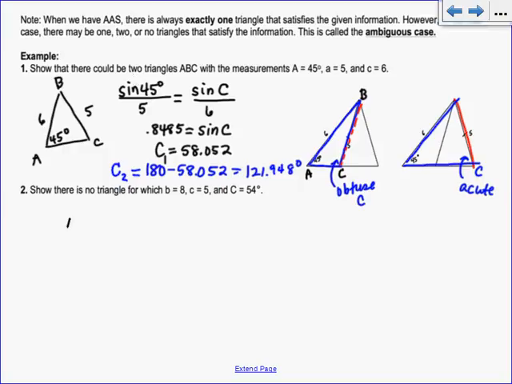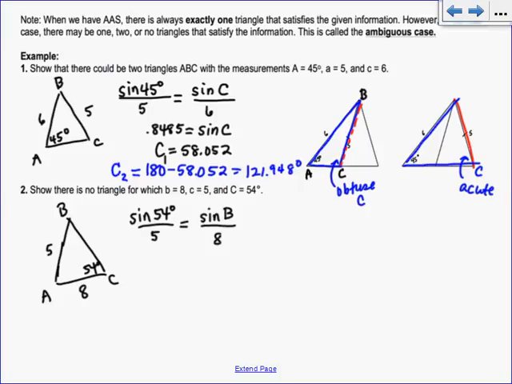So as you're solving this one, we have A, B, and C, and we have C is 54, and little c is 5. And little b is going to be 8. So as you solve this one out, you have sine of 54 all over 5 equals sine of angle B all over 8.